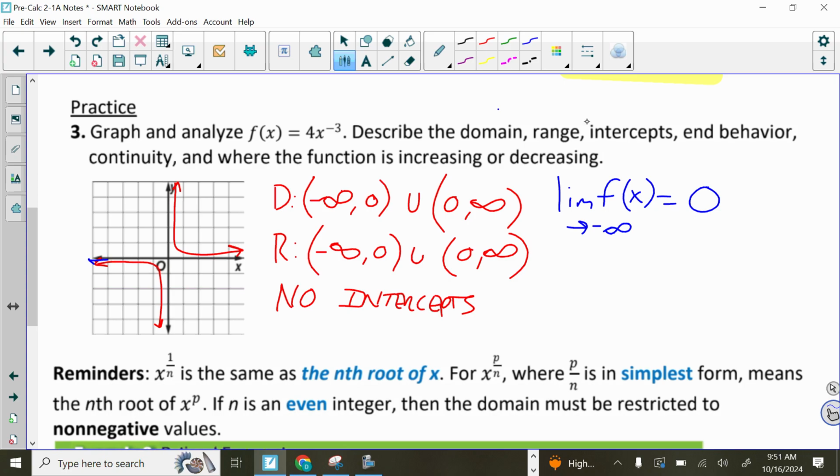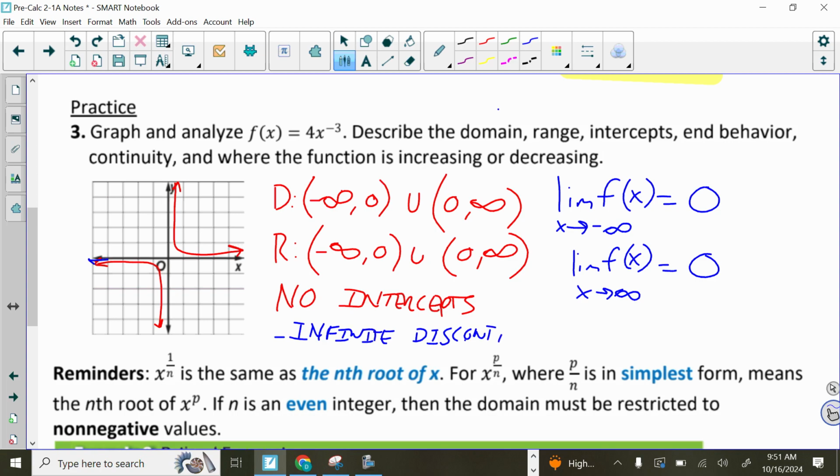And then same thing on the other side, the limit of f of x as x approaches infinity is also going to be 0. Okay, we have a couple more things to look at. Discontinuity. Again, we've got infinite discontinuity at x equals 0.